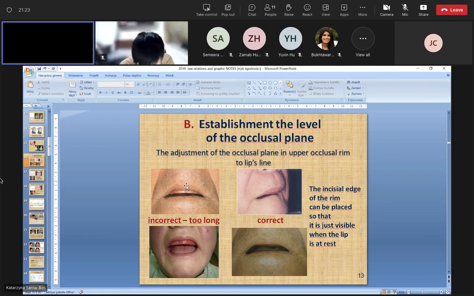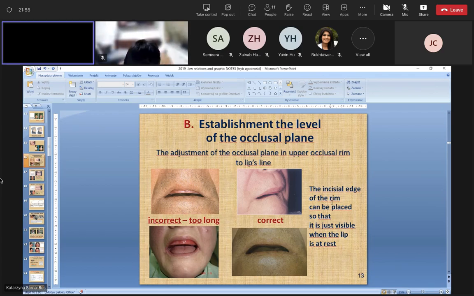The amount varies with individuals and is less in patients with a long lip, so the teeth may not be seen, and greater with those who have a short lip. The average amount of tooth exposed is 1 millimeter. So in this substage, we decide how long the future teeth in our complete denture should be.